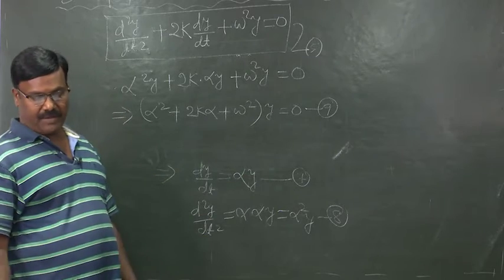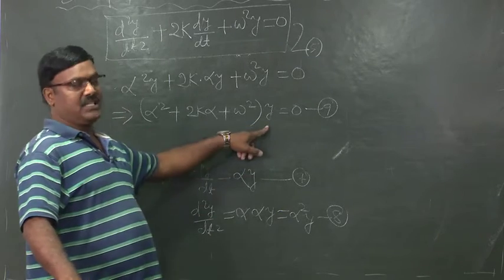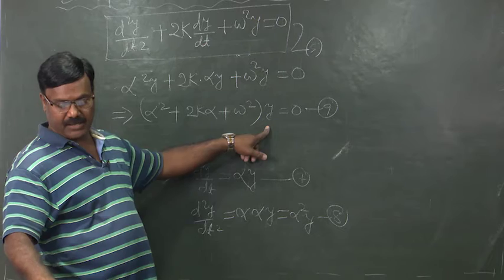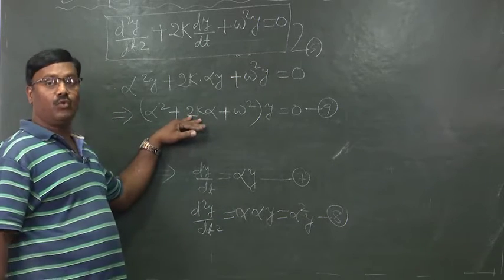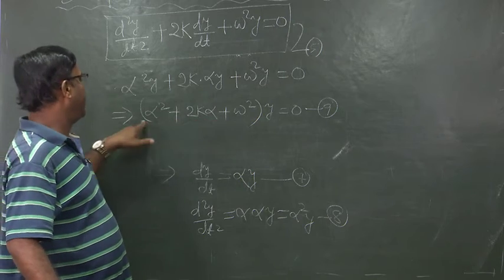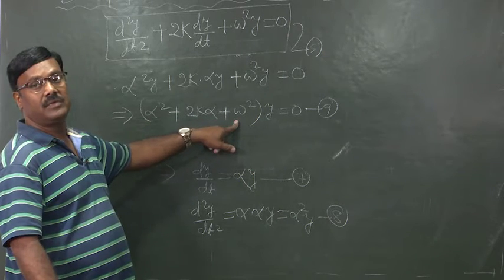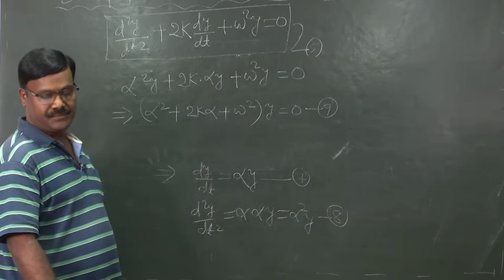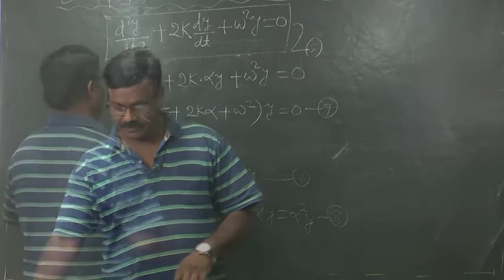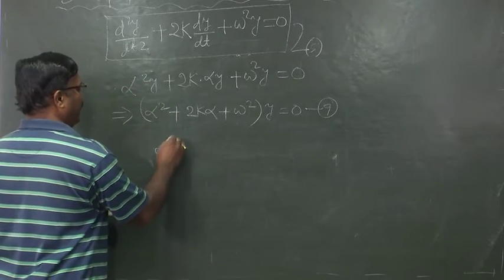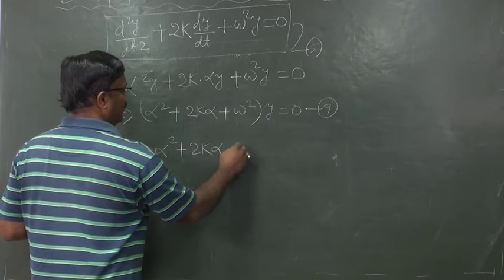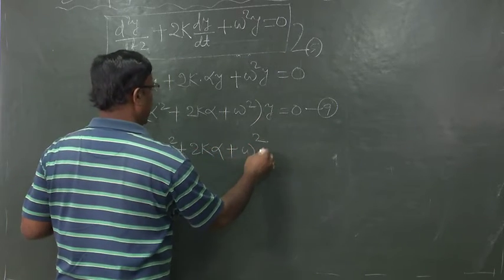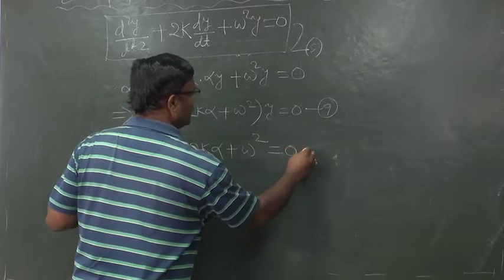Now, we have taken that the displacement y cannot be 0. Hence, this equation will be true only when the bracketed term vanishes. That is, alpha square plus 2k alpha plus omega square will be equal to 0.